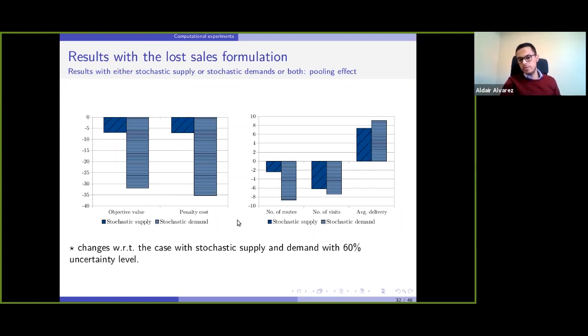And we verify that in this second figure, which shows the features of the solution. So how the number of routes, visits, and the average delivery change with respect to these cases.